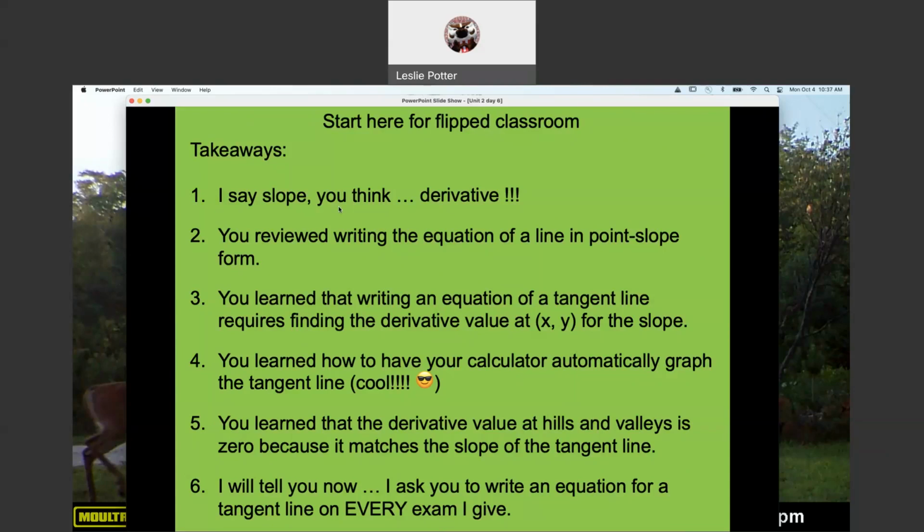Sometimes there's an alternative way to write it, and this is true for Con. Con does this more than any other entity, but sometimes you'll see it written as y minus y1 equals m times x minus x1.